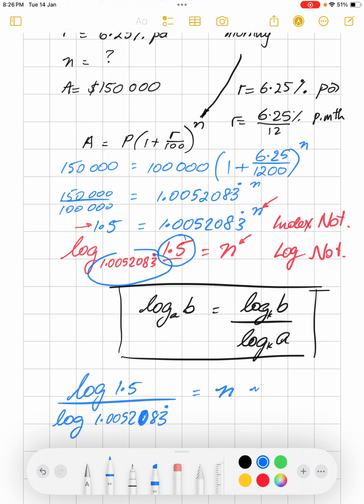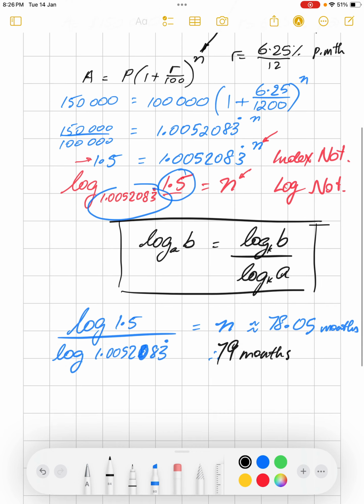So we've got approximately 78.05 months. Well, that means therefore it will take 79 months before we get over 150,000, because it's not quite there at 78 months. And there is our answer.